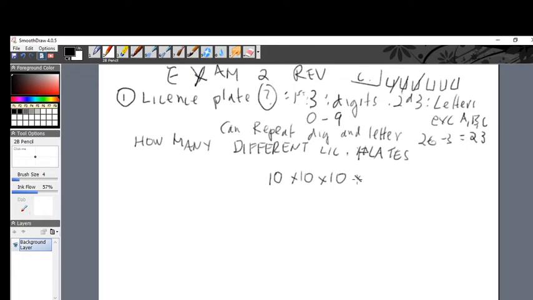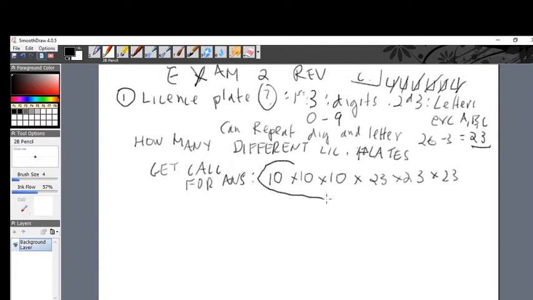And that combines with the last 3, which can be 23 letters each, since it can't be A, B, or C: 23, 23, 23. Get your calculator, and you'll get your answer. But that's how to do it.